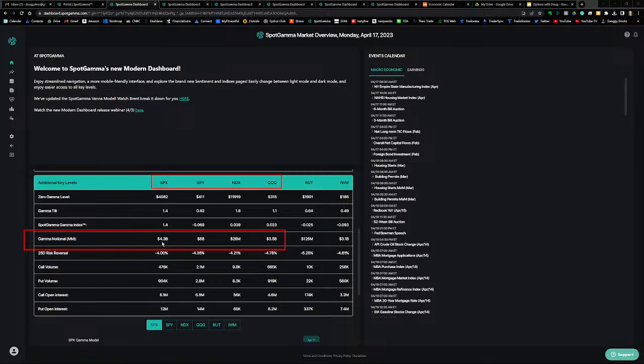Again, market makers' position on the gamma curve is positive. That means that traders are short calls for an index. Market makers are long calls, hence the positive gamma position, and they have to sell futures as price rises to hedge their delta exposure, and then when price drops they can buy back those futures, and that again tends to subdue volatility in a positive gamma environment.